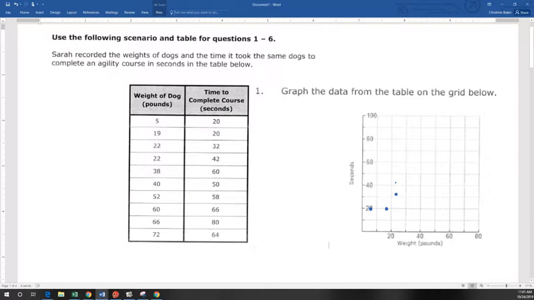Another 22 was 42. 38 is 60. 40 is 50. 52 is 58. 60 is 66. 66 is 80. And 72 is 64. Okay.